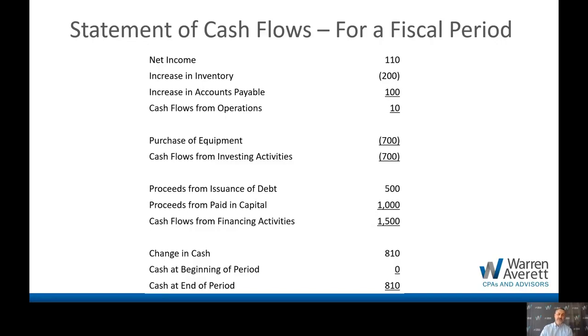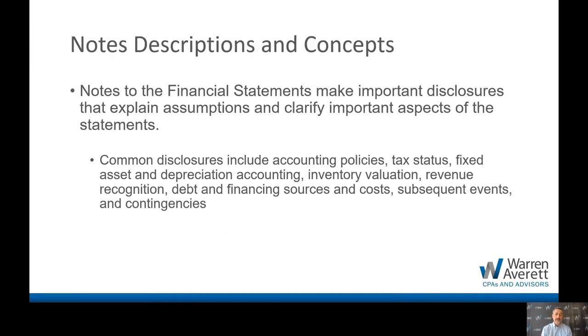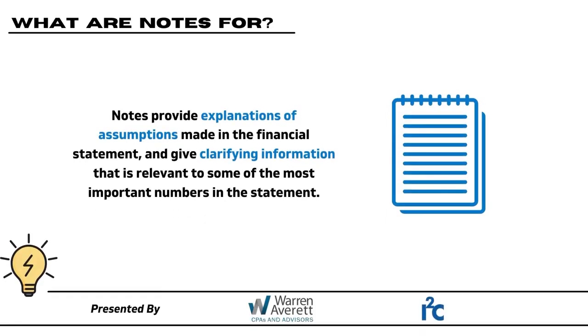Let's now shift our focus very quickly to talk about notes to the financial statements. And once we finish that discussion, we will have finished discussing all of the four basic components of financial statements. Notes to the financial statements are an important part of the financial statements that sometimes get overlooked, and they shouldn't be, because they offer very important information relative to assumptions in the financial statements, as well as provide clarifying information relative to some of the very important numbers in the statements that we've been discussing.